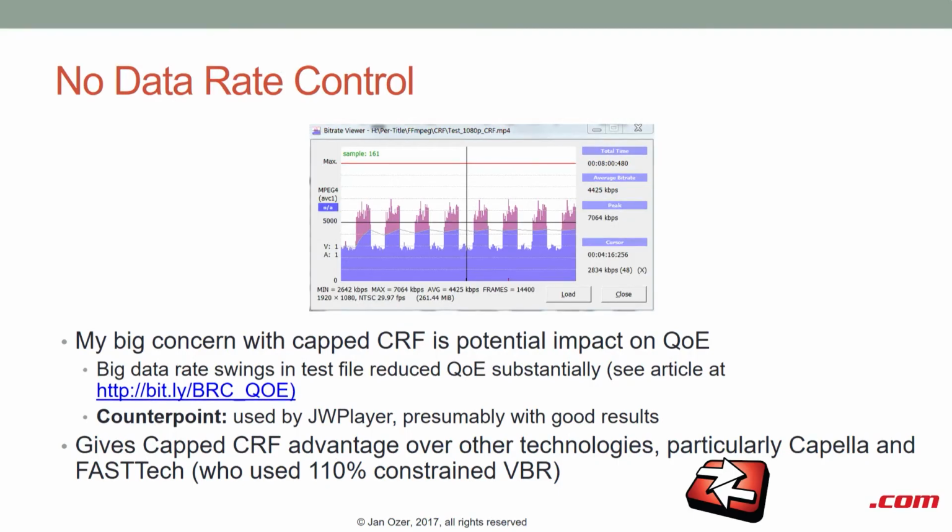So if you have two files, one encoded like that and one encoded at 110% constrained VBR, the CAP-CRF file is going to have a higher VMAF rating because it has much greater data rate swings to account for the higher motion. So that's another reason you shouldn't compare the quality of the different technologies. And as a counterpoint, JW Player uses this, and I'm sure they wouldn't use it if it caused problems. So it's a consideration for me.